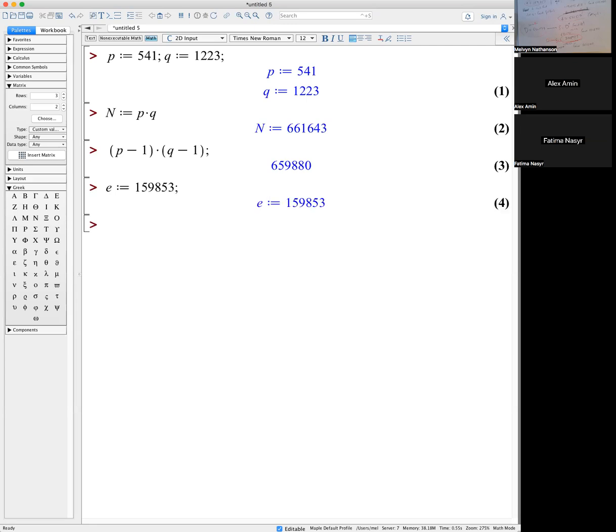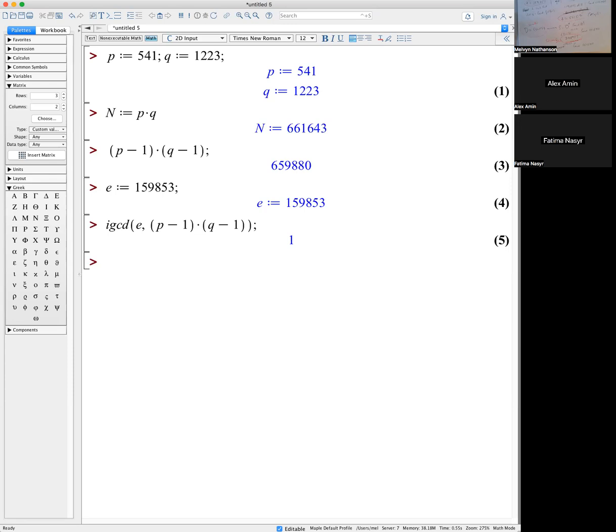Right, so that's E. And it has to be the case, this is just a check, that the greatest common divisor of E and P minus 1 times Q minus 1 is 1. So igcd, which means the integer greatest common divisor of E and P minus 1 times Q minus 1, is 1. Okay, so that's good.